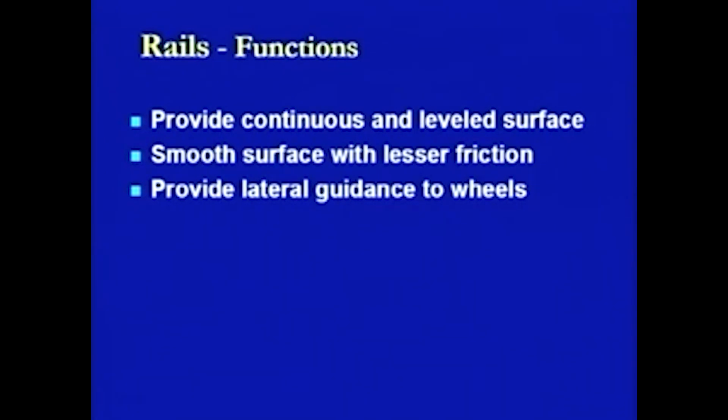Then it also provides the lateral guidance to the wheels. In the case of the wheels, as we have seen maybe in the coning of the wheels or any other diagram where the interaction of the wheel with the rail is being shown, what we found is that the flanges are provided on the inner side of the rail section to the wheels, so that when there is a lateral movement of the wheel in any outward or inner direction, the wheels do not go away from the rail section.